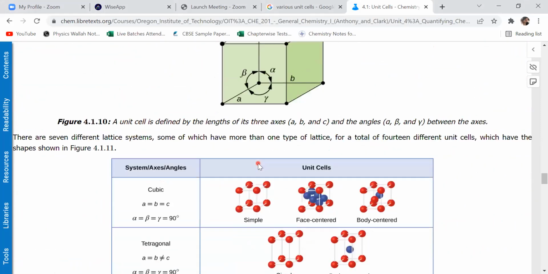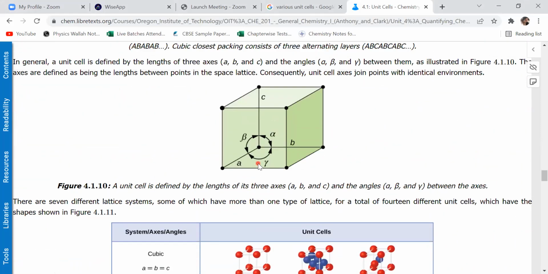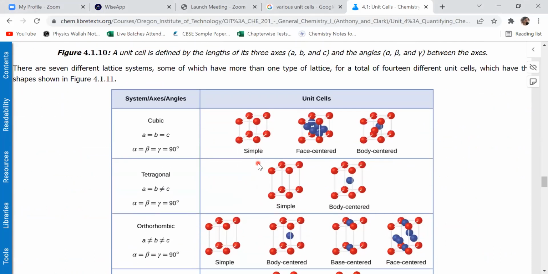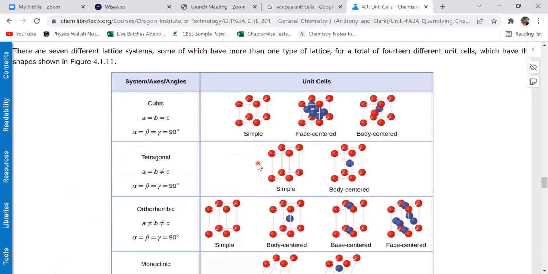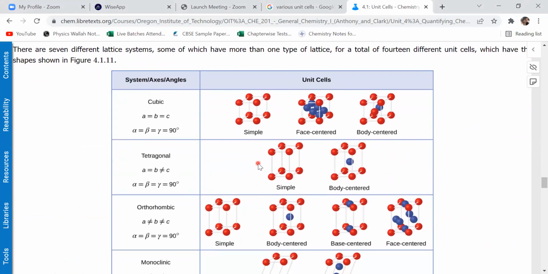Okay. See, yesterday we wrote a table where I mentioned cubic, tetragonal, orthorhombic, all of these types of unit cells. I have also mentioned the axes and the angles present. I wanted to now look at the same table. In the cubic, the 3 possible unit cells are the simple, the face centered, and the body centered.